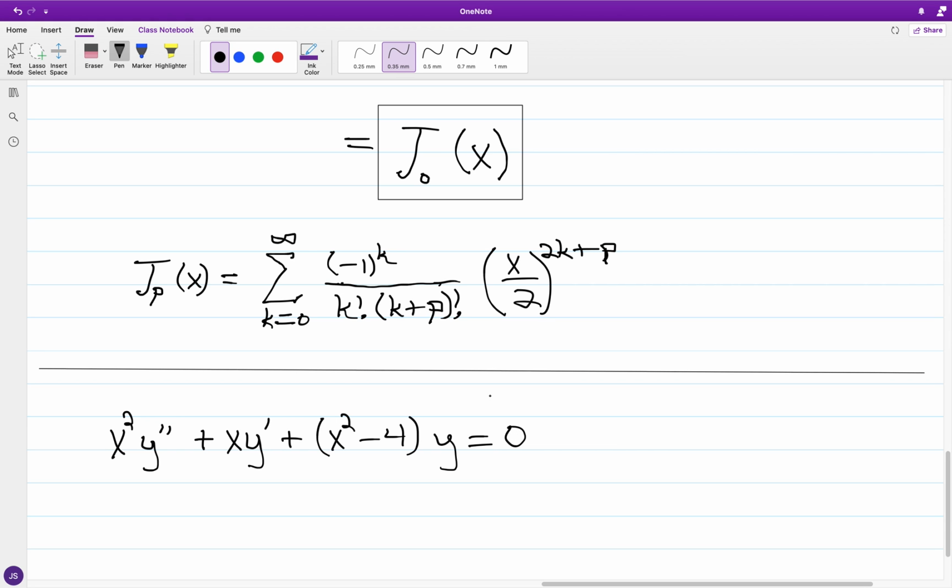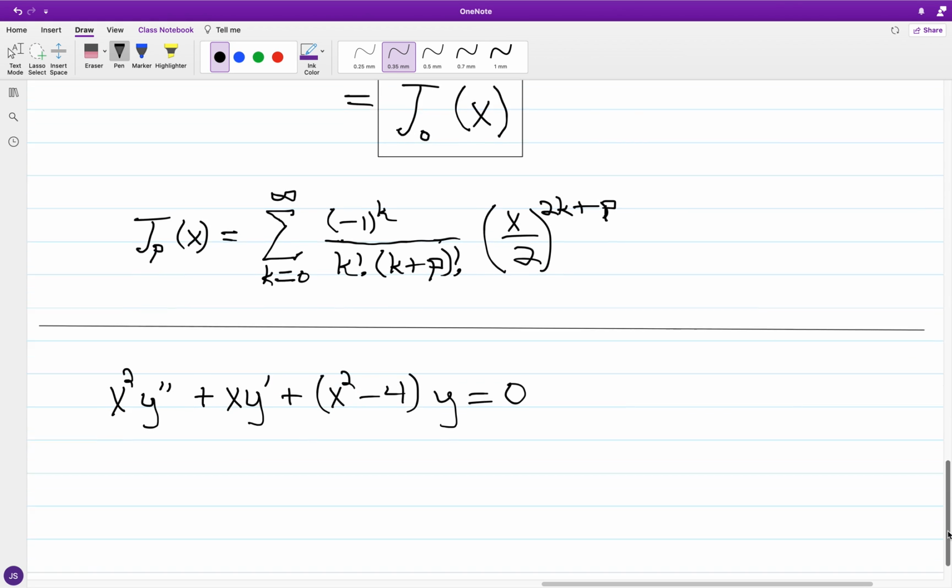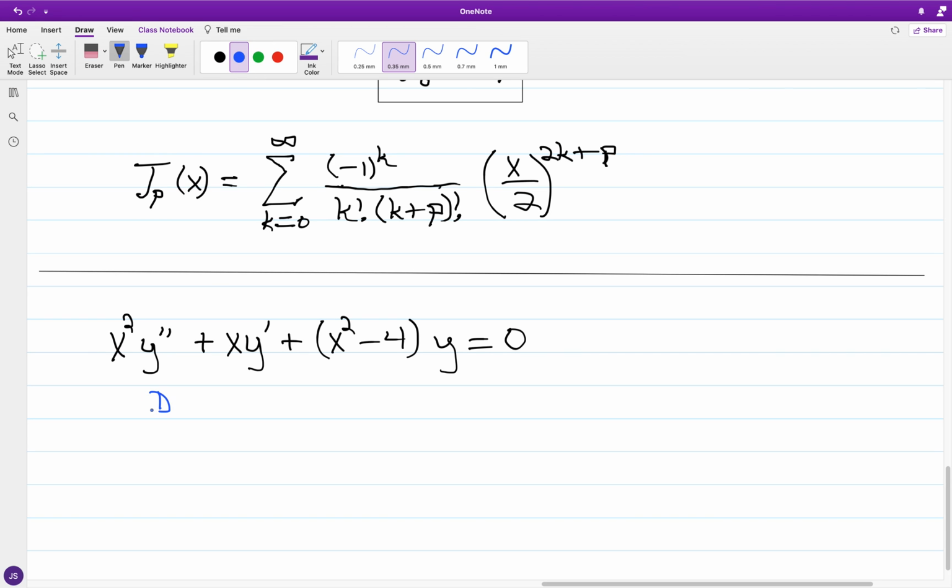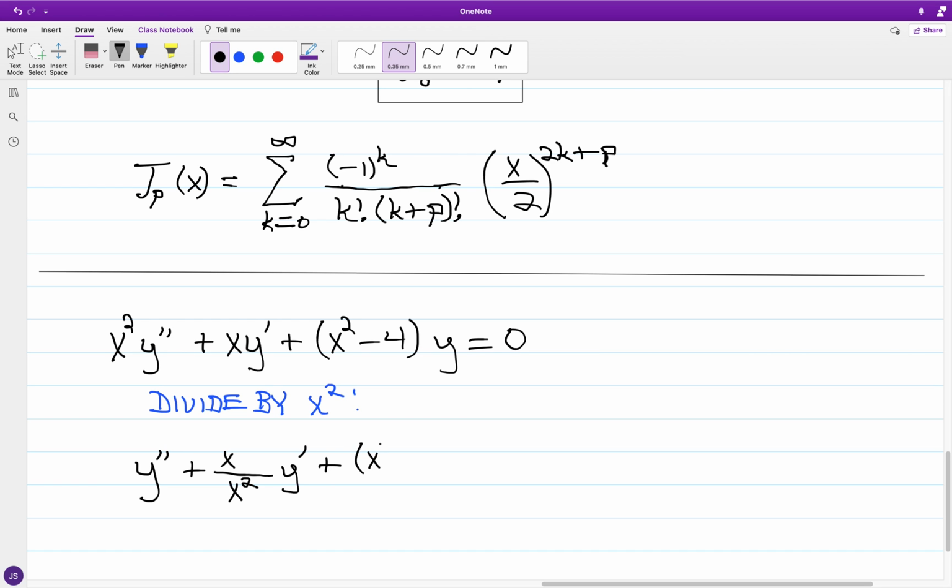Okay, so if we divide, once again, this equation by x squared, we have y double prime plus x over x squared y prime plus the quantity of x squared minus 4 over x squared y is equal to 0.